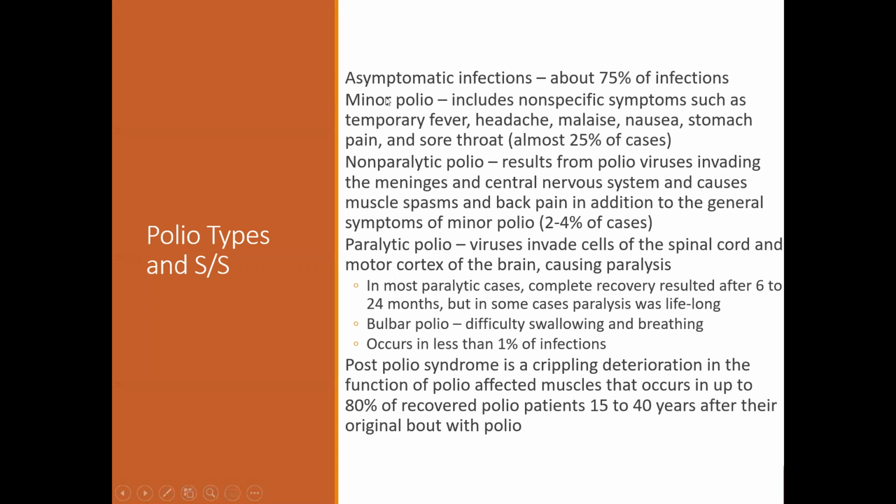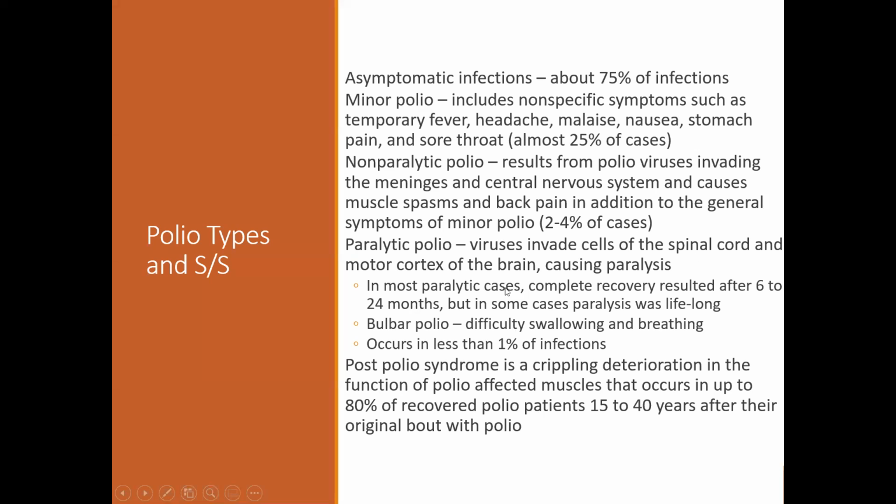Most cases of polio, about 75% of infections of polio are asymptomatic, and then the majority of the remainder are minor polio. It's the paralytic polio, which is less than 1% of infections, that really scared parents when polio kind of came onto the scene in the 40s and 50s.